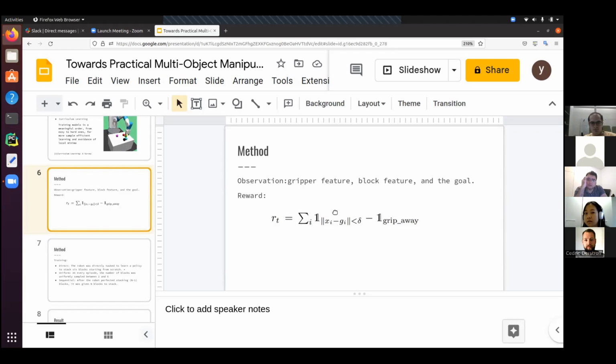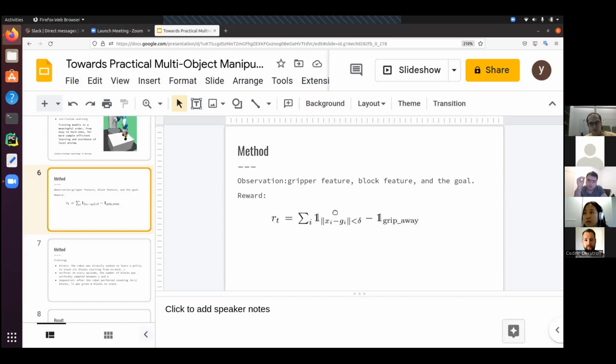Yeah. And also for every block, the goal is sampled from the goal distribution, because we want to manipulate 6 blocks, so it actually will have 6 goal positions, and each block will sample from these 6 positions.